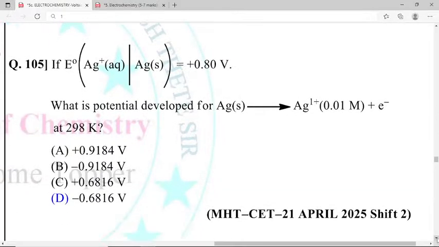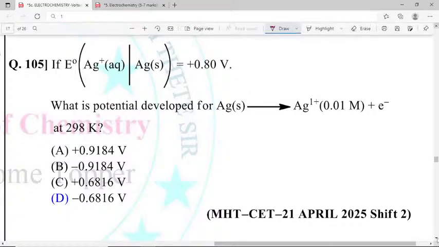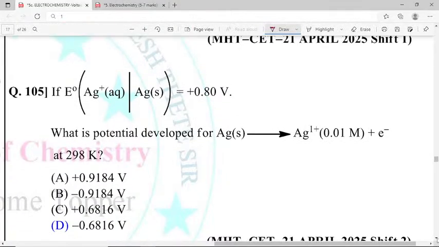Okay, same question here. E naught Ag plus to Ag is 0.80, Ag to Ag plus 0.01. Please solve the question. Ag to Ag plus, and the value is given for Ag plus, so taken as a minus value here.